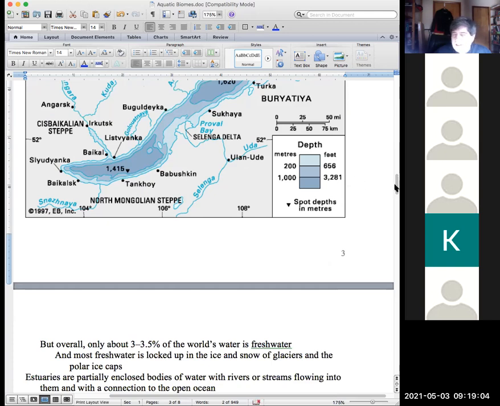And most of that is found in the polar ice caps in Antarctica and Greenland and the Arctic and in various glaciers. So really out of this 3 to 3.5% that's fresh water, lakes are only about a 10th or 100th of that. So less than 1%.